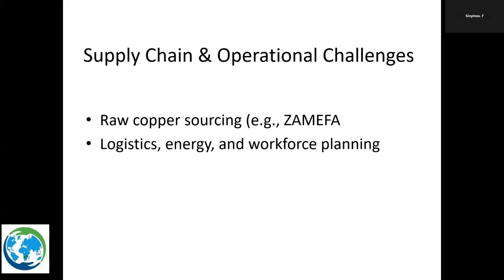Now, the cathodes come in two types. It can be electro-refined, or electro-won. But in terms of quality, if you base the copper cathode on the LME specification or the COMEX specification, then you find that they are one and the same.